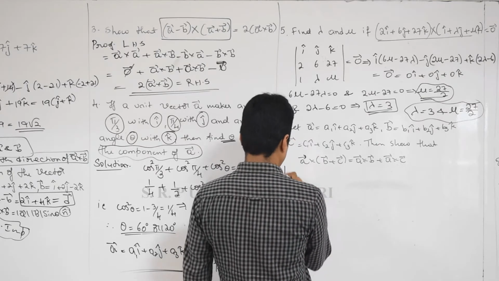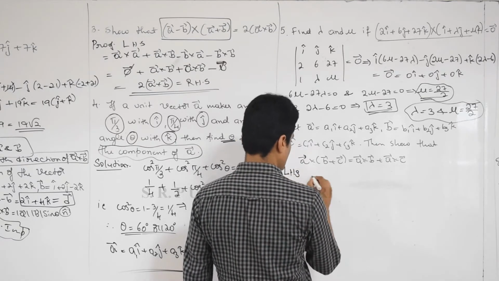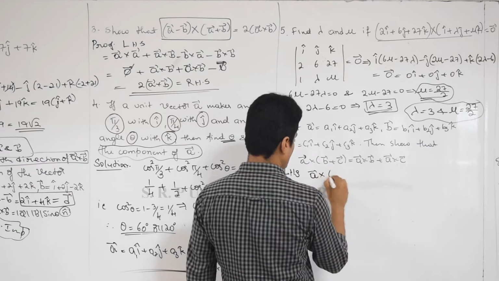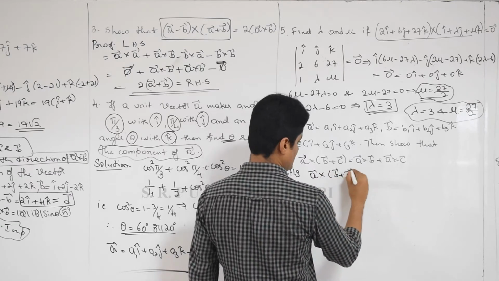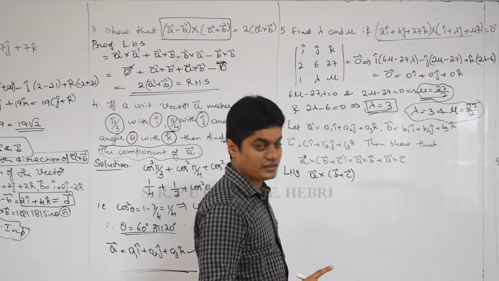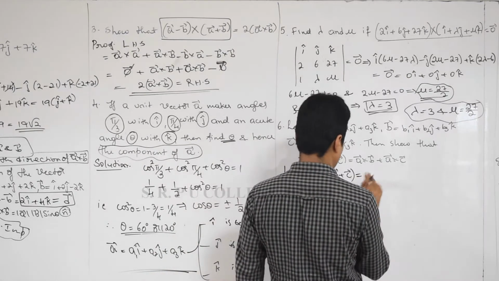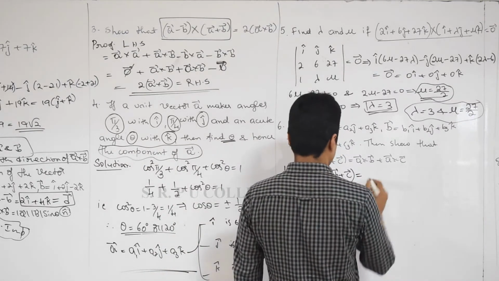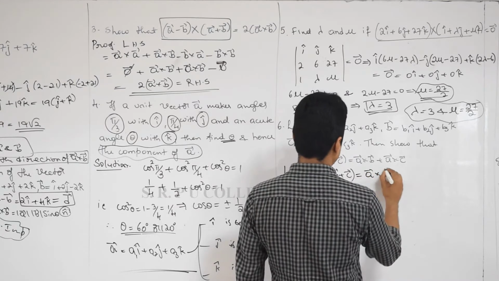Now we have to find out the LHS first. It is vector A cross (vector B plus C). As I told, I'm not going to write each and everything. It's your work. I'll show you how to answer this, but not everything. Vector A is given. What is B plus C?